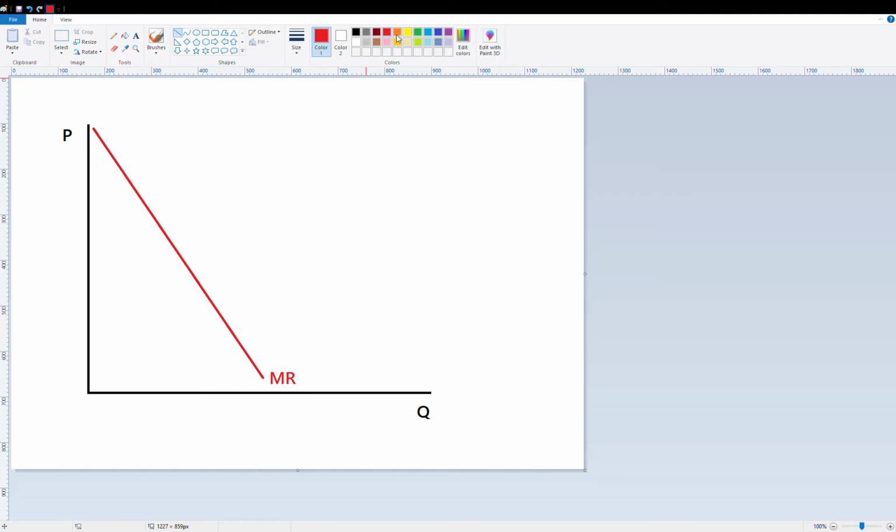And since it's the only company that makes a certain product, you can also combine both the firm graph and the market graph. So there's also a demand curve. This is the demand.